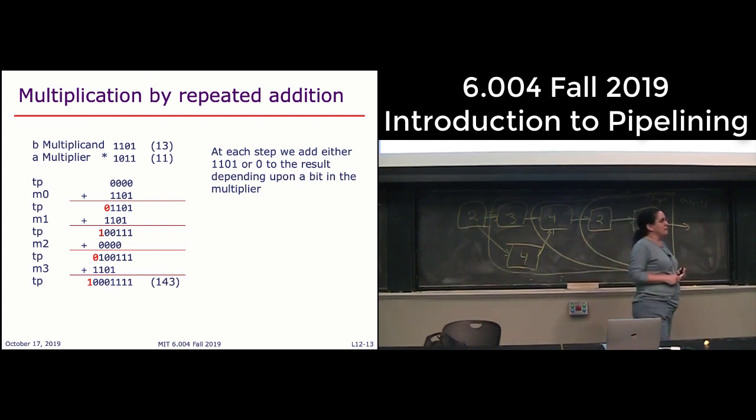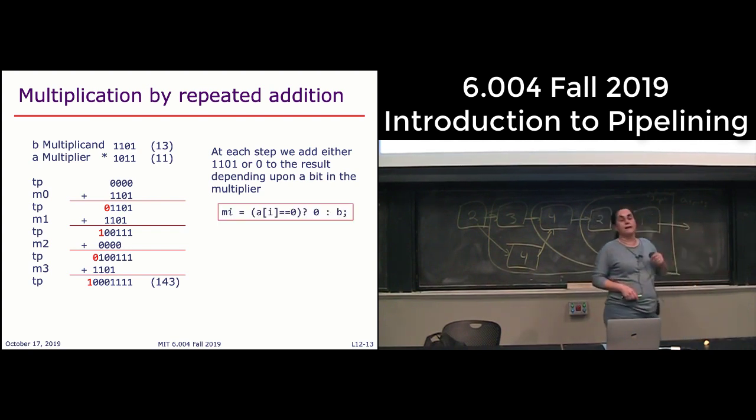So how do I go about doing this? Well, it's just like decimal multiplication, where, depending on whether each one of these bits is 1 or 0, I'm either going to add this 1101, or I'm going to add a 0 to my partial sum.